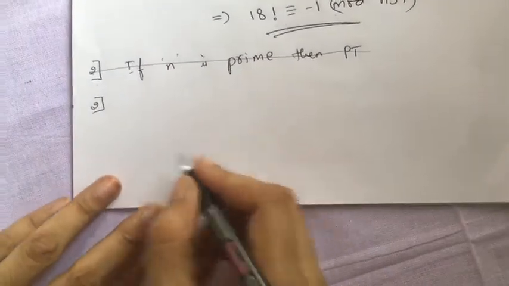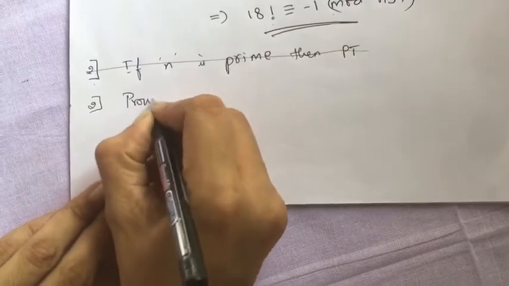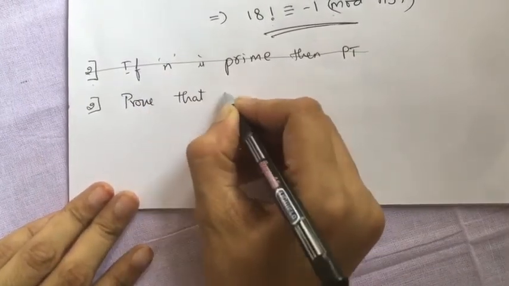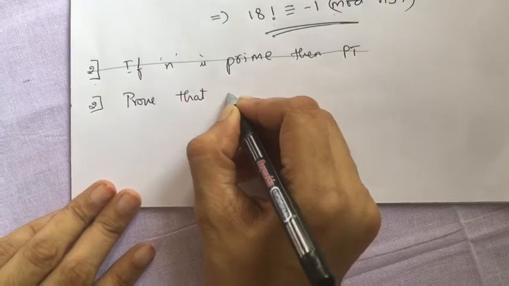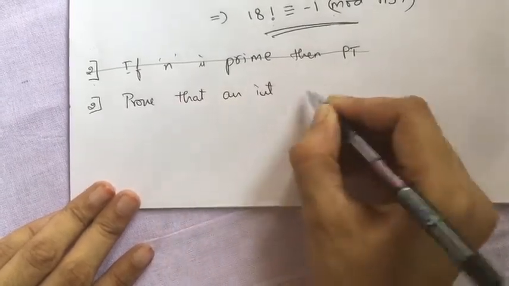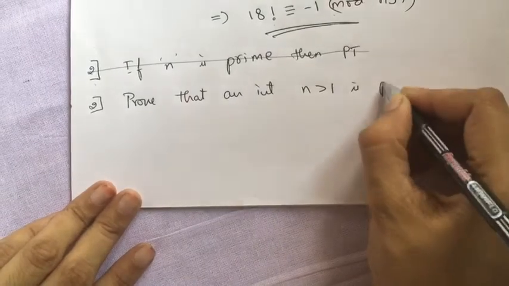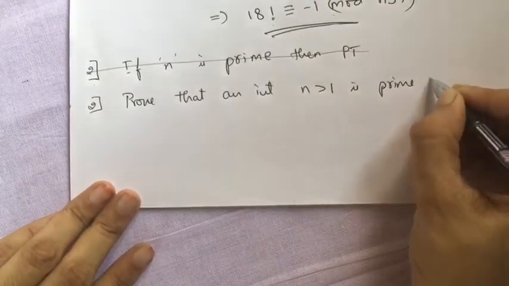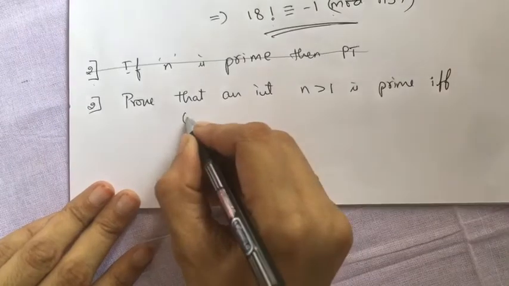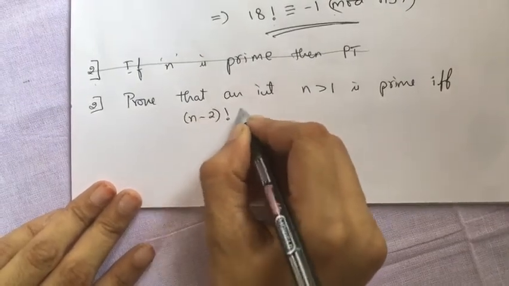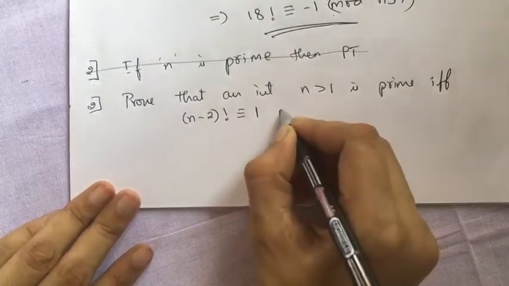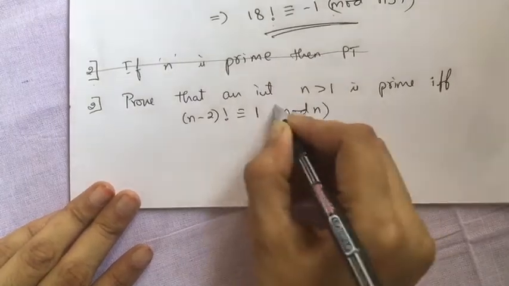The problem says, prove that an integer n greater than 1 is prime if and only if n minus 2 factorial is congruent to 1 mod n.